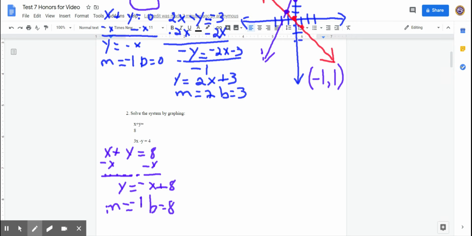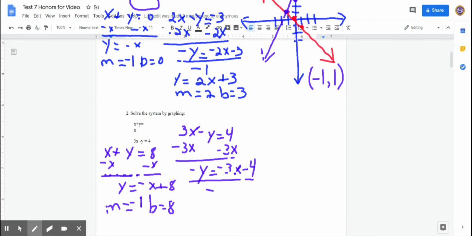Now we have to take that second equation, which is 3x minus y equals 4. So if we solve for y, again, we have to subtract the 3x, and we get negative y equals negative 3x minus 4. Careless mistake here is not to divide by the negative 1.